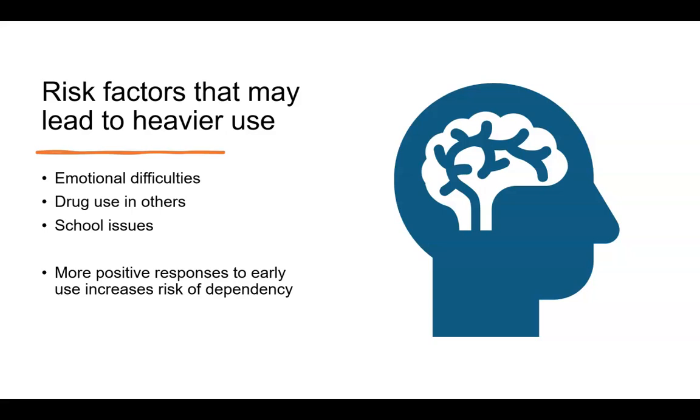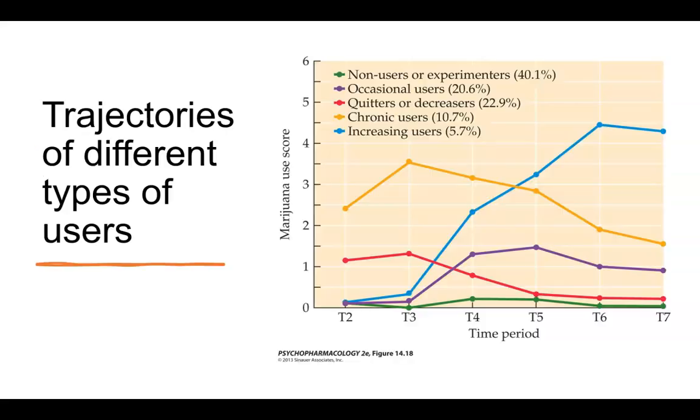And one other major factor that plays a role is the degree to which somebody has a good positive experience to early use of cannabis. And generally, researchers have found that people who had more positive responses to their early experiences were at greater risk of developing a dependence than people that didn't have those really positive responses.